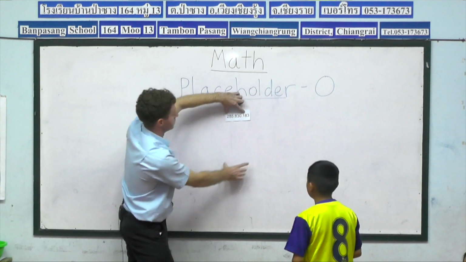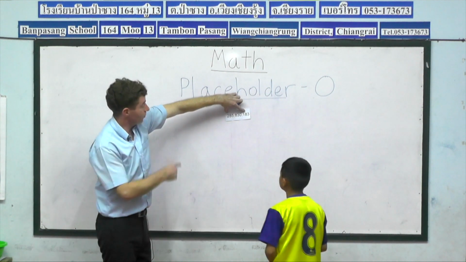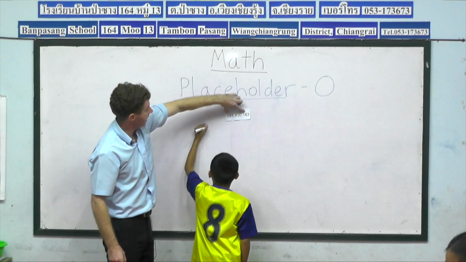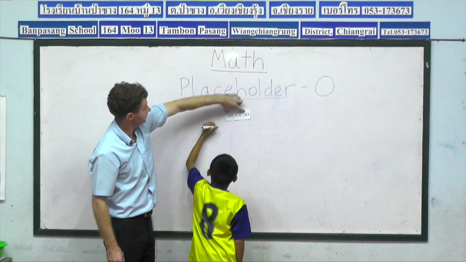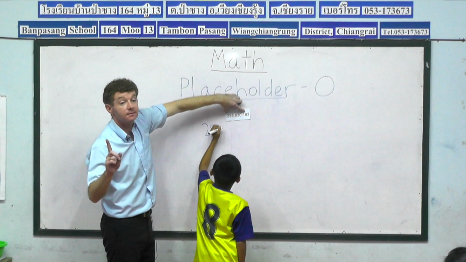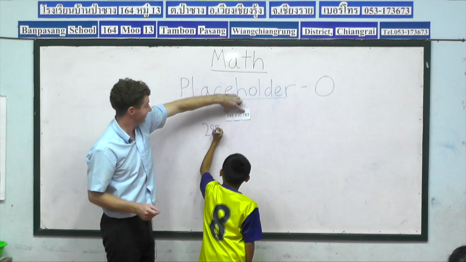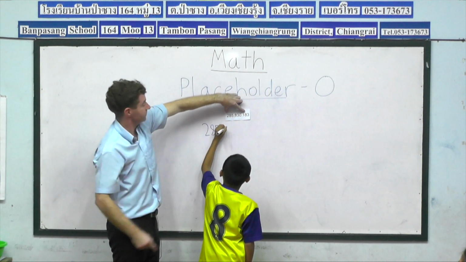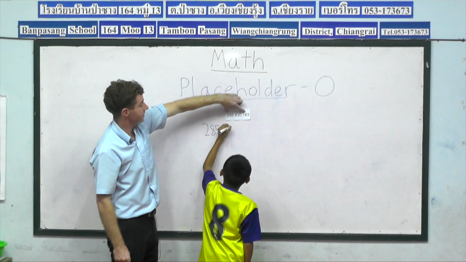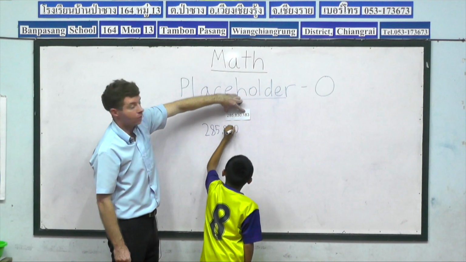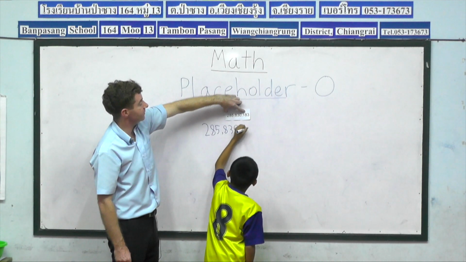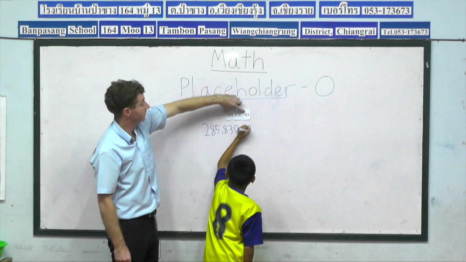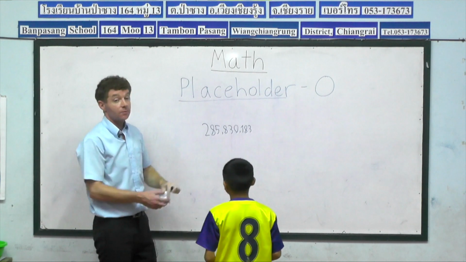Can you write it on the board below? 2, 8, 5, and then comma, then 8, 3, 0, comma, 1, 8, 3. Chu, that's excellent. Very well written.